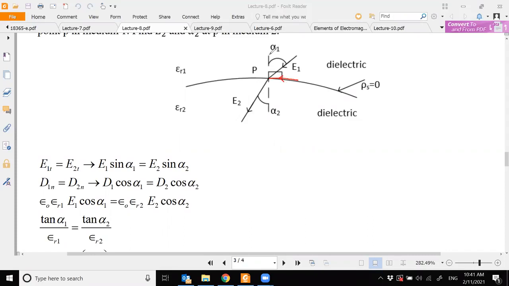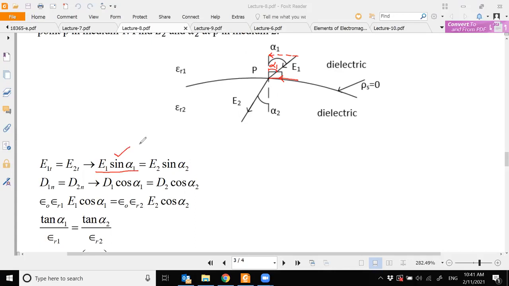And this will be nothing but this component. So you use trigonometry here. You know this angle alpha 1, so you just need to apply trigonometry. This is E1. The length is known to you. Can you find the length of this one? Yes. It will be E1 sine alpha 1.